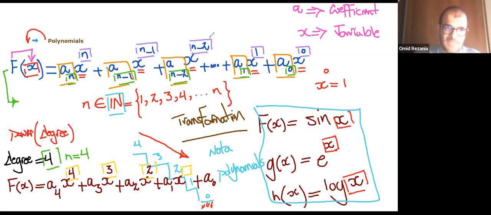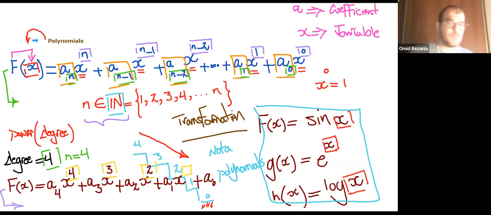But the problem that we have right now is that the coefficients can be any numbers. We know that we have a restriction on the power. The power has to always be a natural number, but the coefficients can take any format.